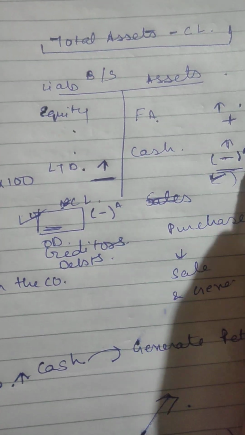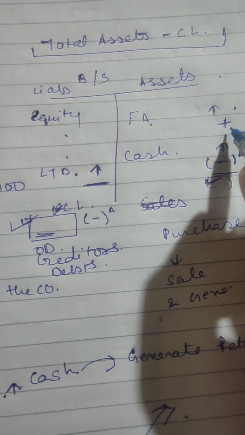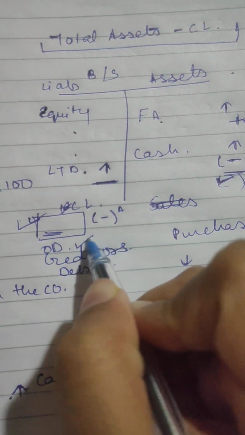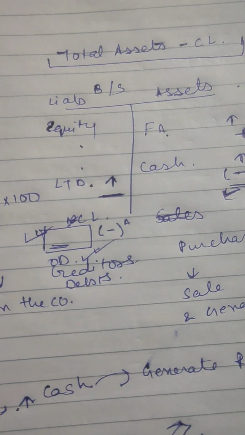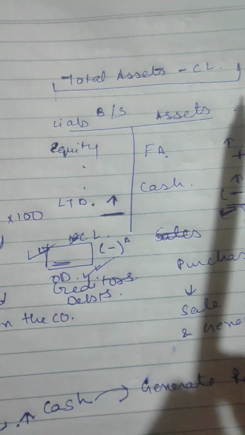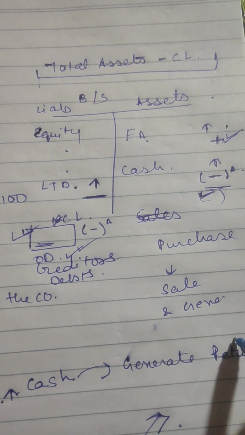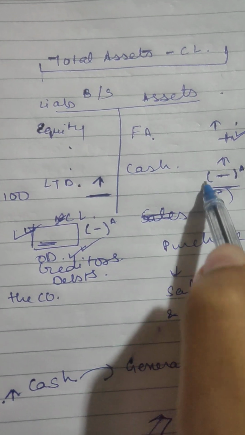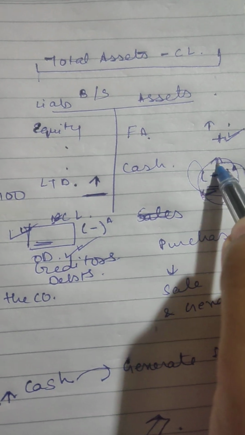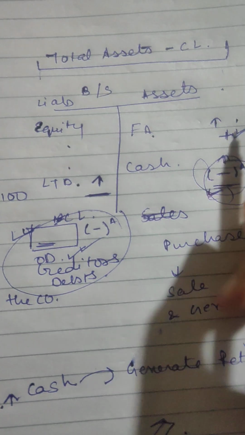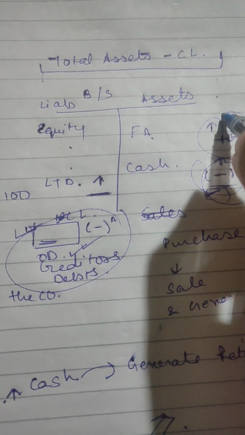So if my cash is getting reduced, either I have increased my fixed assets portion or I have decreased my current liabilities. So my whole point of making you understand this, that total assets minus current liability, is that wherever we put impact in cash, it will give impact directly or indirectly in the current liabilities part or fixed assets part.